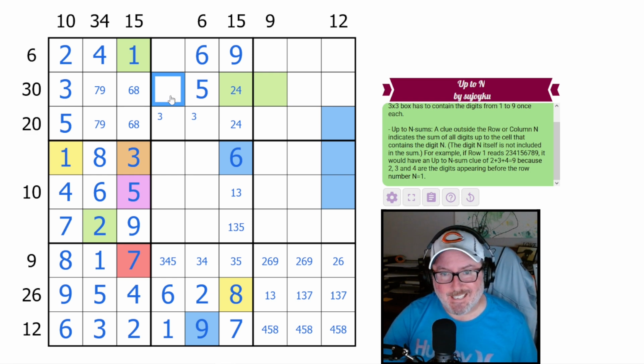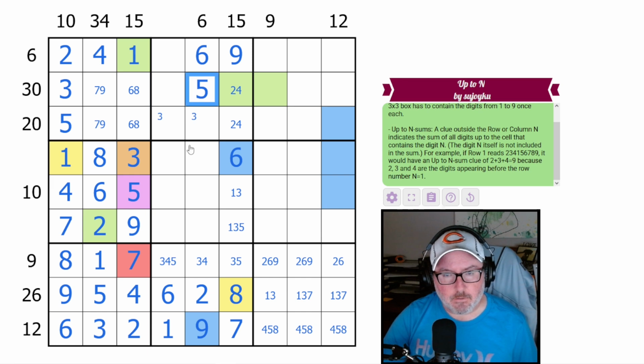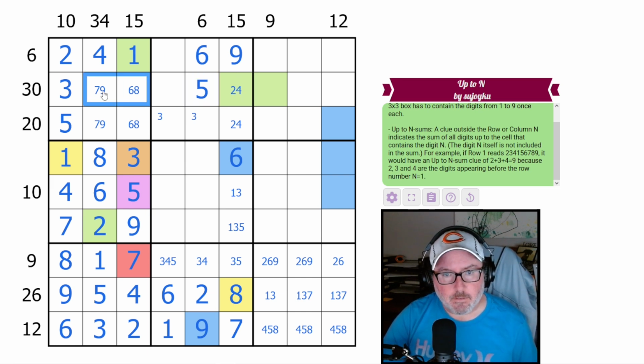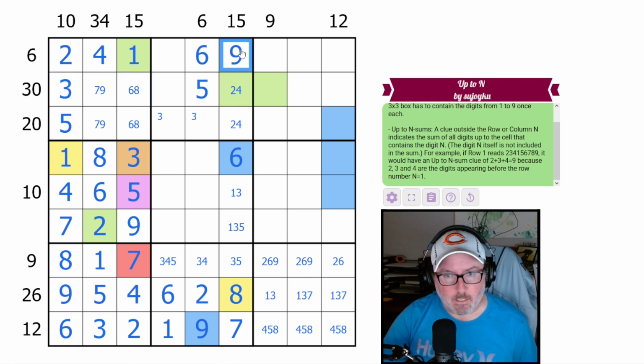If it was a 7, 8, this would have to be a 7. That would never work, because we said we can't do 6, 7. So let's go through our options. If this was a 6, 7, we're assuming this is a 2 at this juncture, that's 13. Plus the 8 gets us to 21. This would have to be a 9. Can't work.